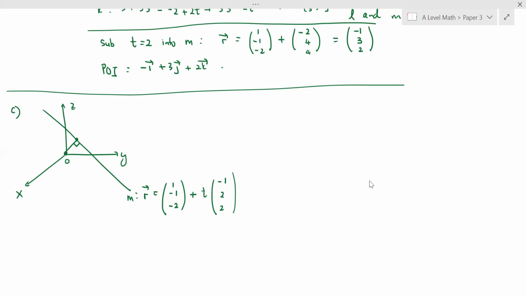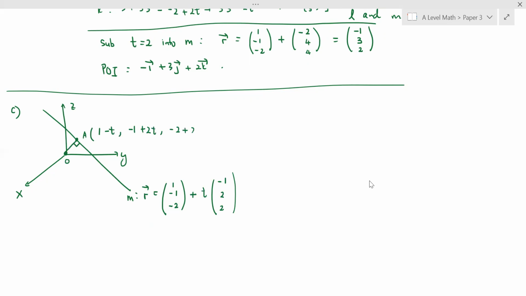So this perpendicular, this end here, the foot of the perpendicular is on the line M. Let's say the foot of the perpendicular is given by point A. Then point A is just a general point on line M. It will have coordinates (1 - t, -1 + 2t, -2 + 2t).